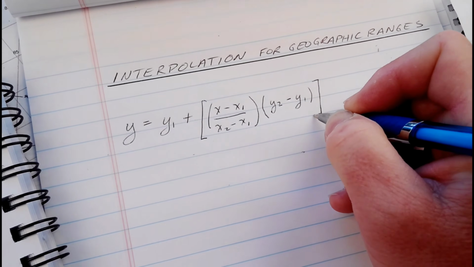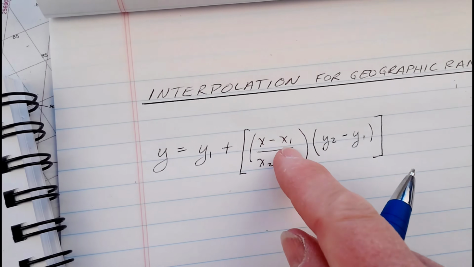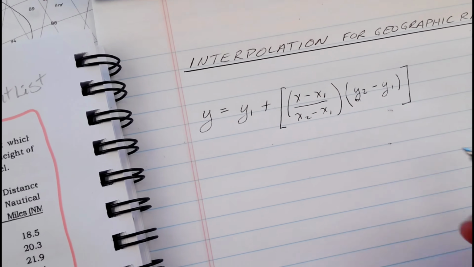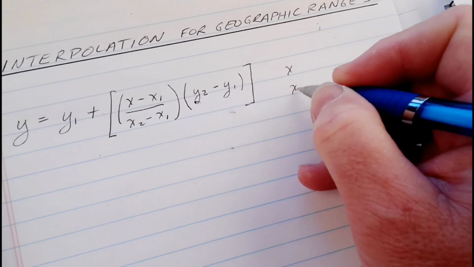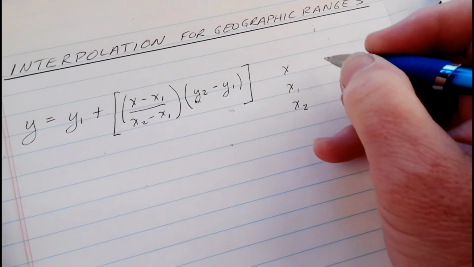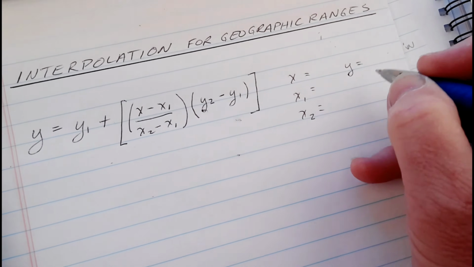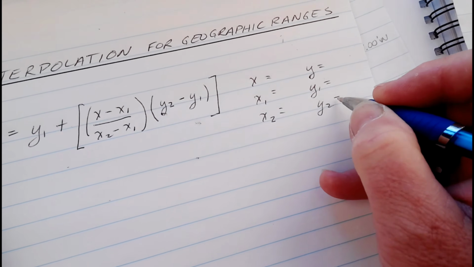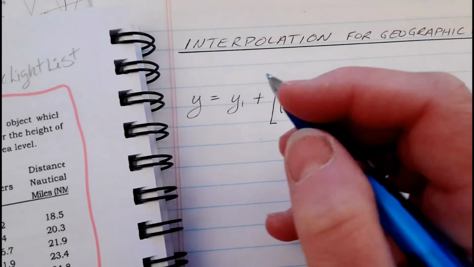That's the formula. But where and what are all of these in our situation? So I'm going to say x, x1, x2, y, y1, y2. Y is what we want.